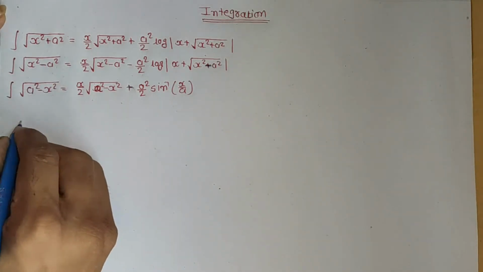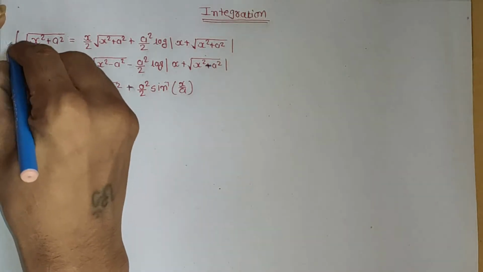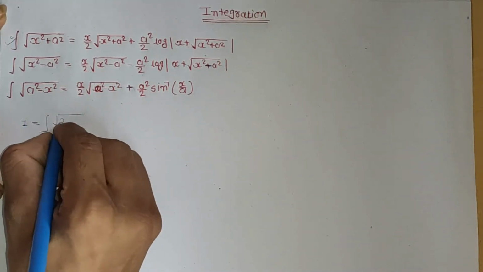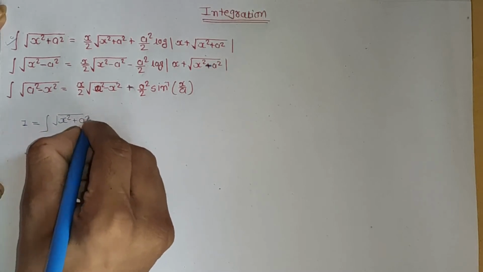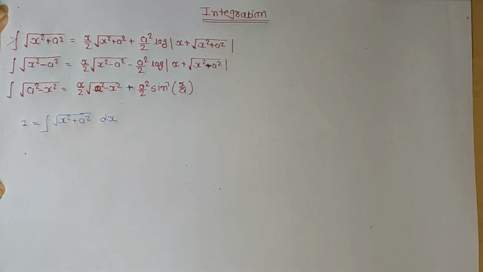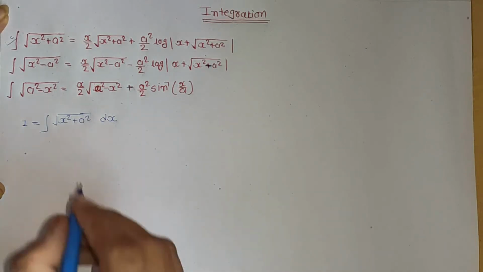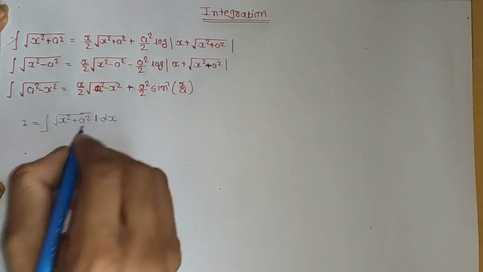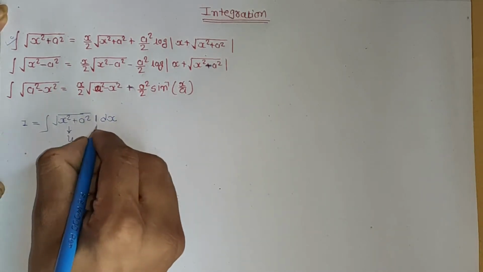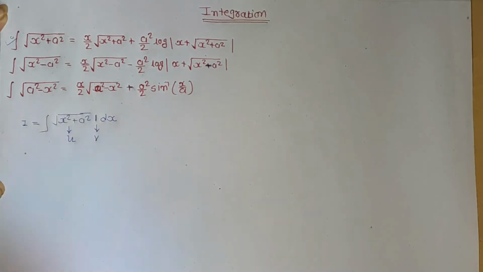Okay, if I equals integration of square root x square plus a square dx, I use integration by parts. Here I take 1 as v and this one as u.